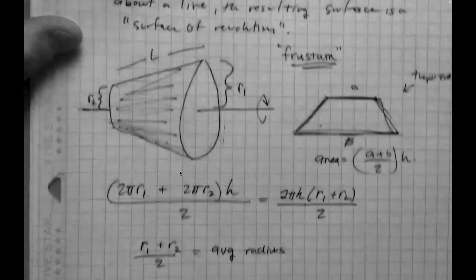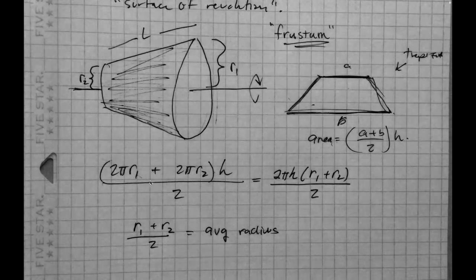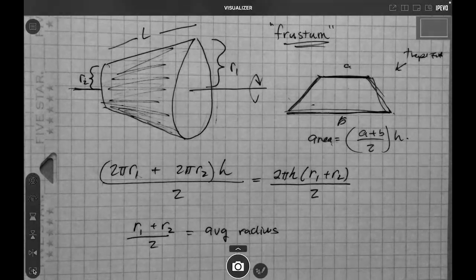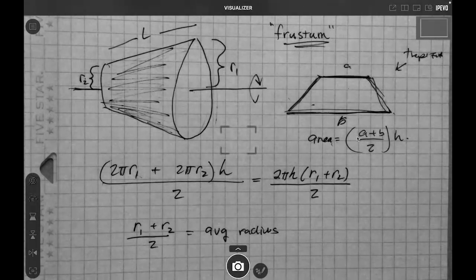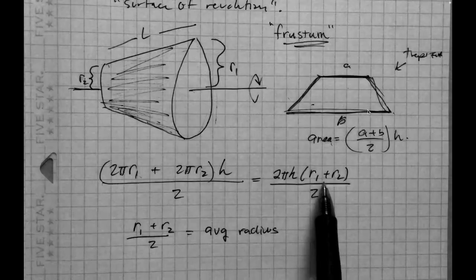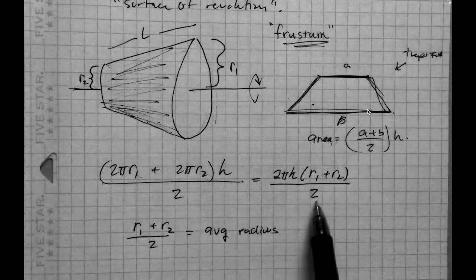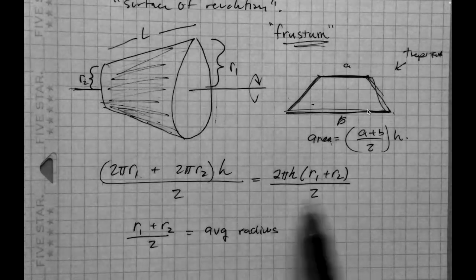Depending on who's teaching you about trapezoids, some people will outright state that this is an average calculation, taking the average of the two. Others tend to think of it as something different, but it really is the average. When we do R1 plus R2 over 2, we're explicitly calculating the average of these two numbers and using that.